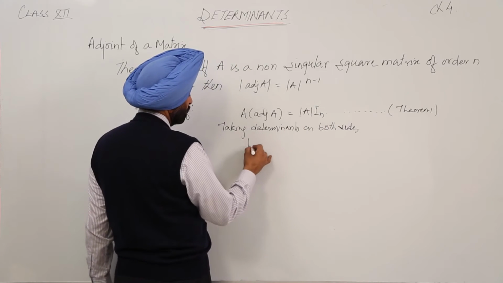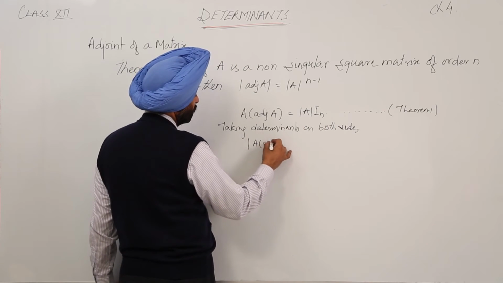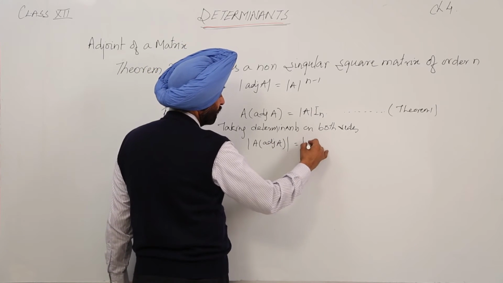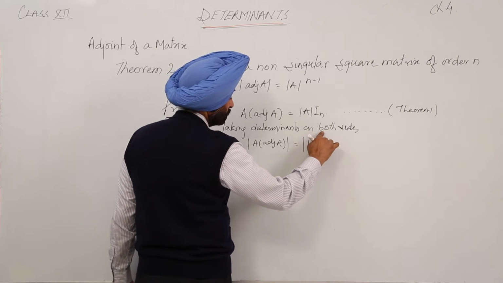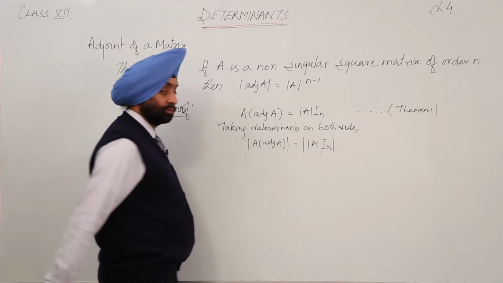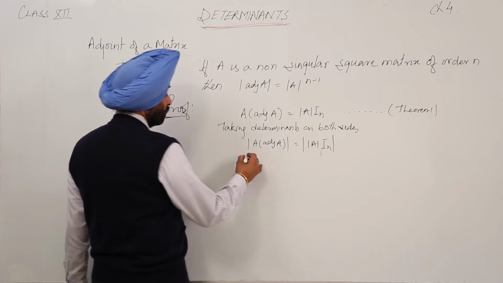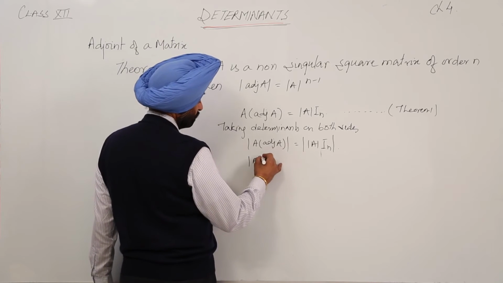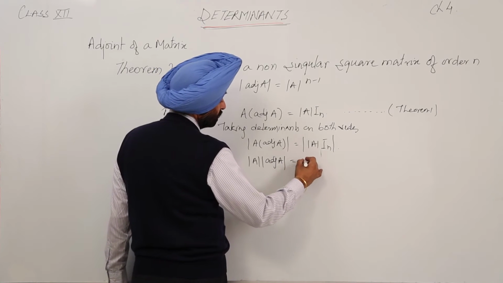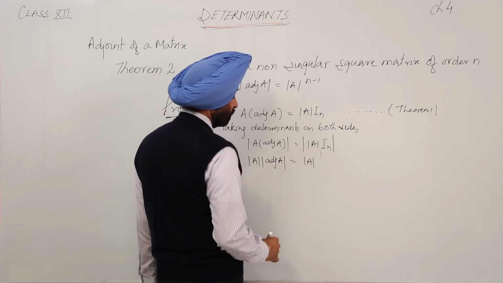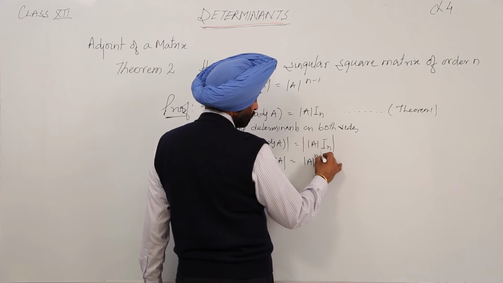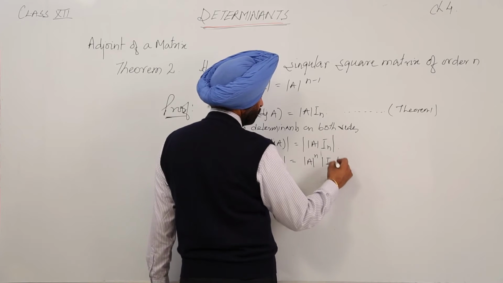Now what do we get? Determinant of A adjoint A is equal to determinant of A raised to power n and determinant of In.